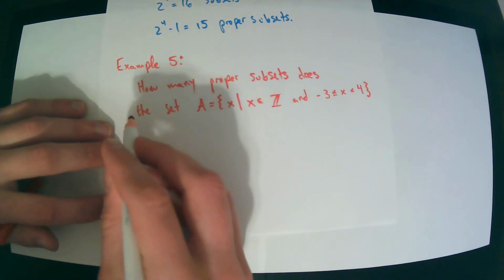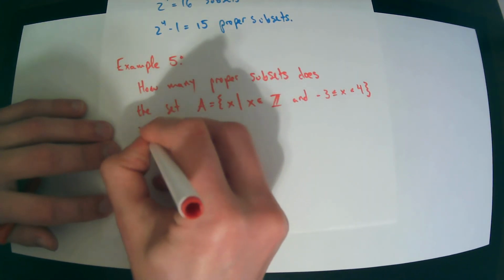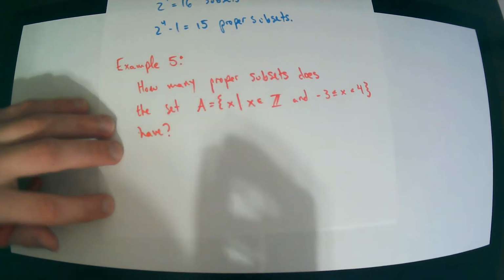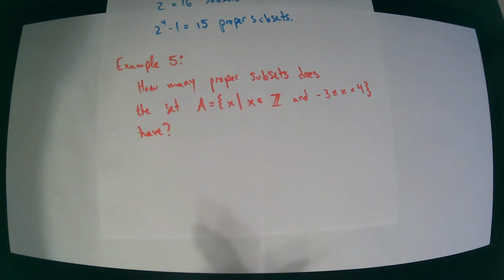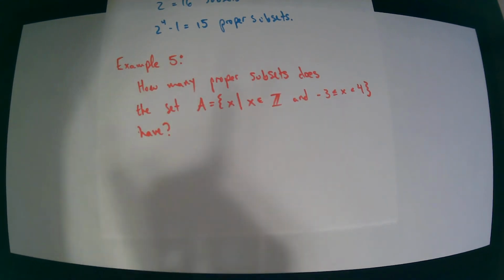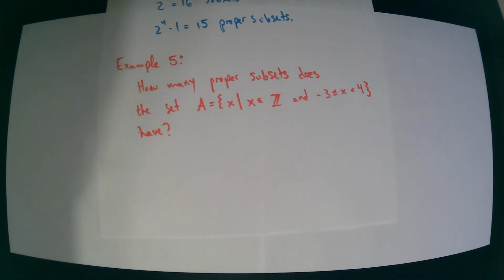How many proper subsets does this set have? Aha, so I'm making you find the cardinal number first. I'm making you find how many elements are in the set before you can find the number of proper subsets.